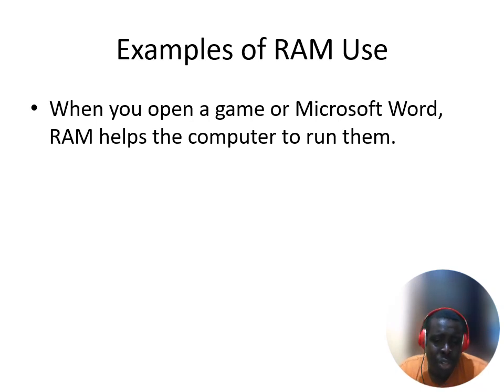Now when you open Microsoft Word, same, the RAM also kicks in and makes sure that it operates smoothly, right? Since it's temporary, it means it doesn't stay long, within just a few hours, depending on the electricity you are using or the computer being powered on. That means the moment the computer goes off, the information on it is lost, right?